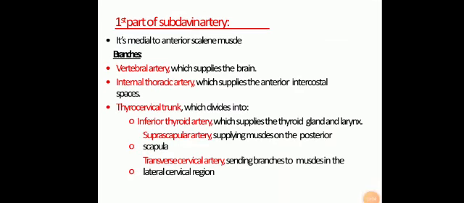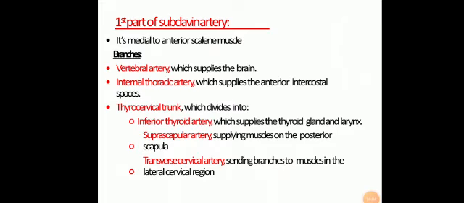The subclavian artery is divided into three parts in relation to the scalenus anterior muscle. The first part is located medial to the scalenus anterior muscle, the second part located posterior to the scalenus anterior muscle, the third part located lateral to the scalenus anterior muscle.